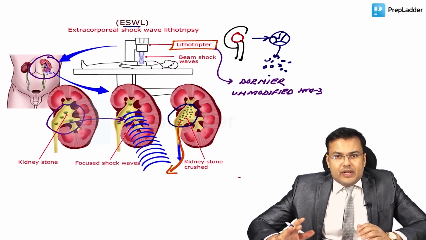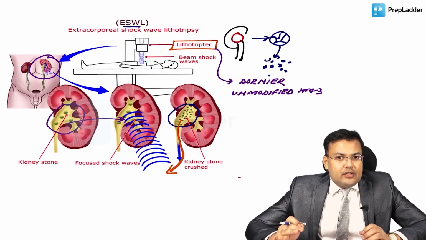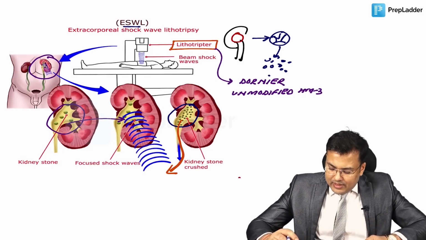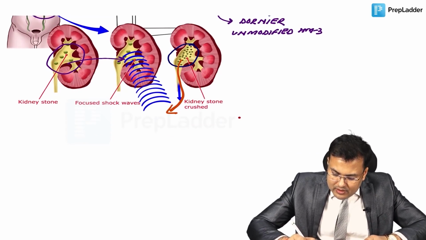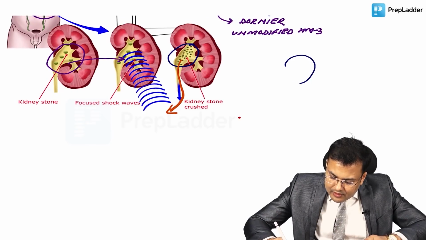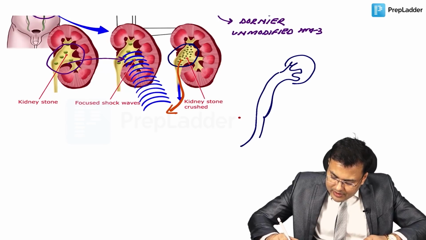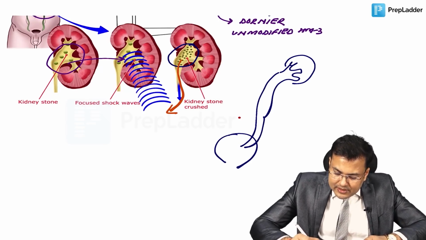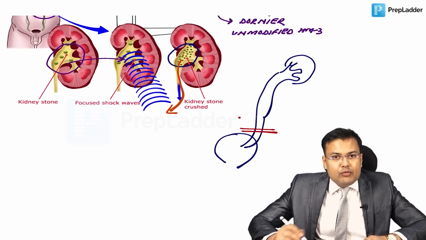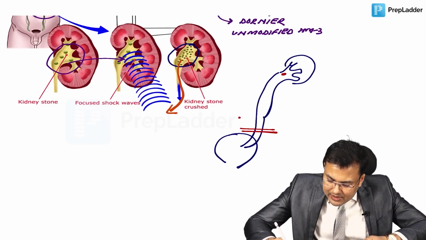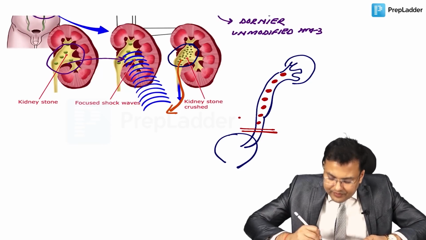Now what is the prerequisite for this? The ureter should be patent. If there is obstruction in the ureter, what's the problem? Suppose the obstruction was not ruled out preoperatively. If there is some obstruction in the ureter, the stone fragments will be collected in the ureter proximal to the obstruction. Clear?